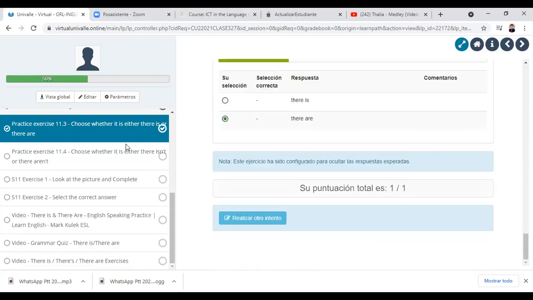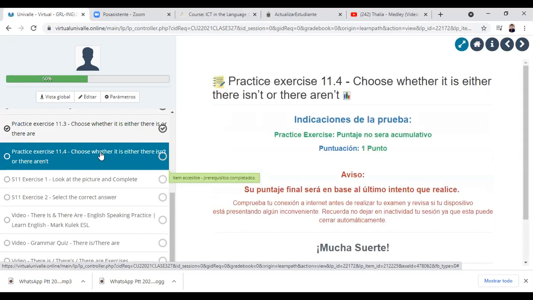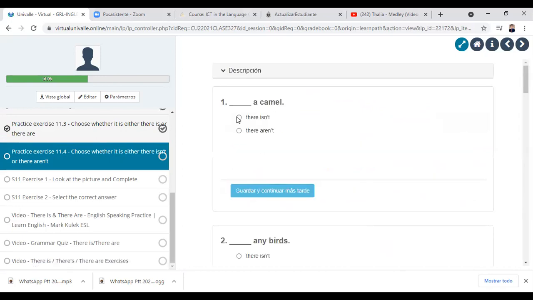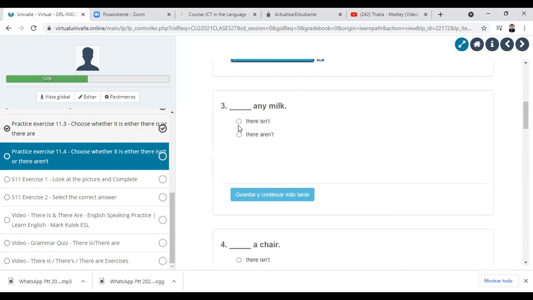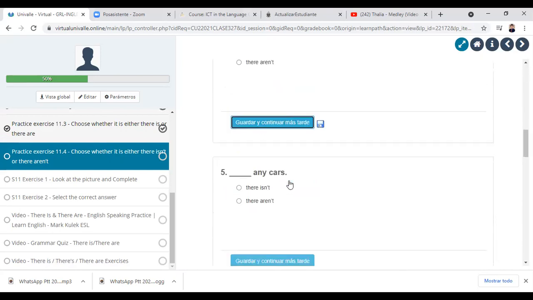Okay. Also, we're gonna have another practice exercise. You're gonna choose whether it is there isn't or there aren't, the negative contraction. There isn't a camel. There aren't any birds. There isn't any milk. There isn't a chair.